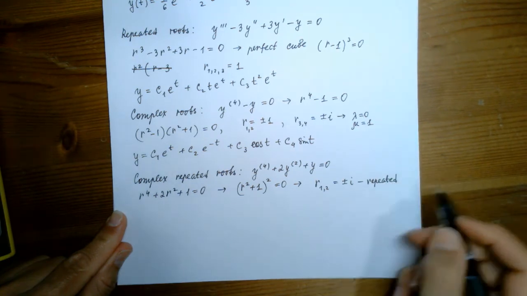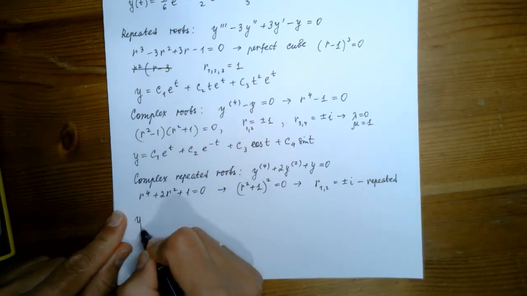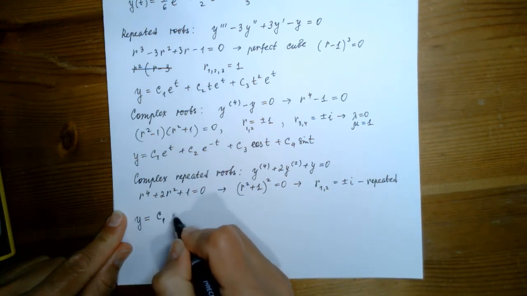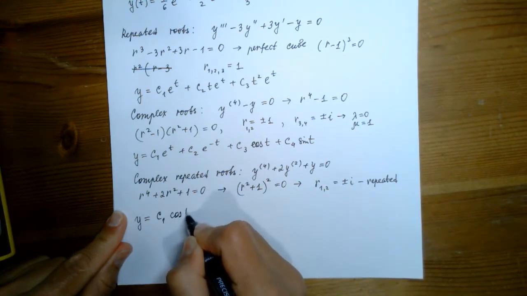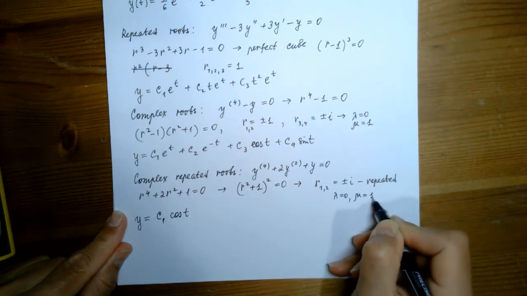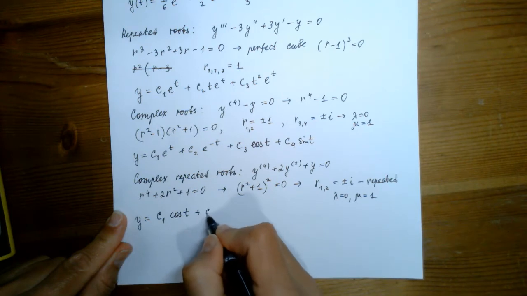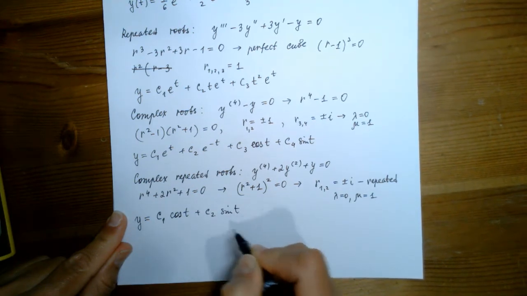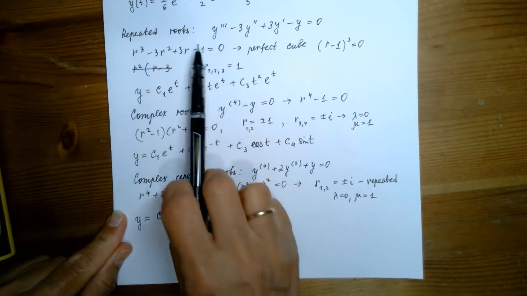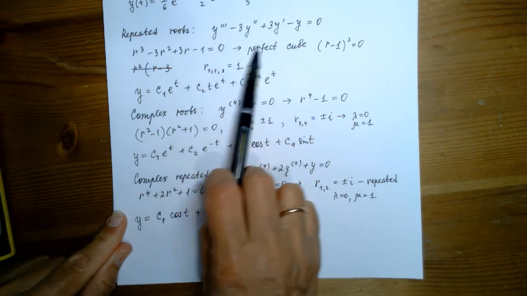So how do we work in this case? Well, first we write down like normal, like they are not repeated. So we are going to write down C1 cosine of t. Here lambda equals 0, mu equals 1, right? Plus C2 sine of t. And then because they are repeated, we are going to apply the same technique we were using for repeated roots for real solutions.